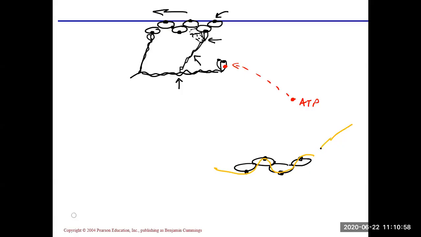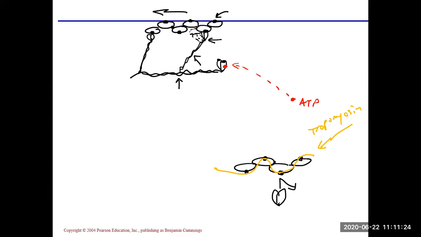Here is the tropomyosin that is blocking the active site. So in other words, if I have the myosin head, it cannot bind in here because it's blocked. Earlier, I used an analogy of putting a piece of tape in front of your lock. Now your key cannot go in there.